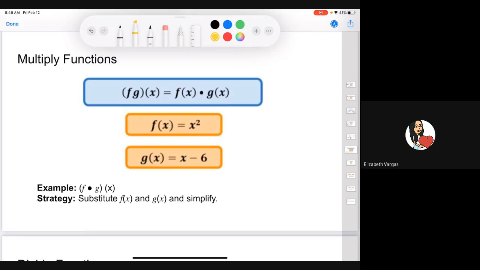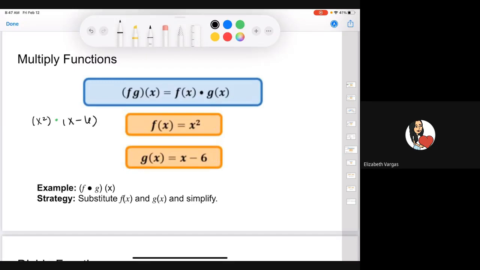When it tells us that f times g, the function, is f times g, we have to multiply the equation for f(x) times the equation for g(x). In this case, that would look like x squared times x minus 6.